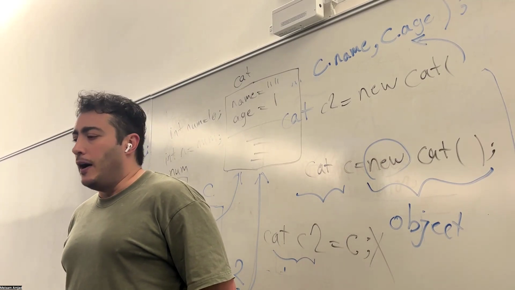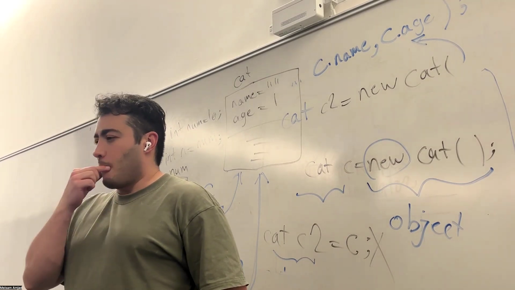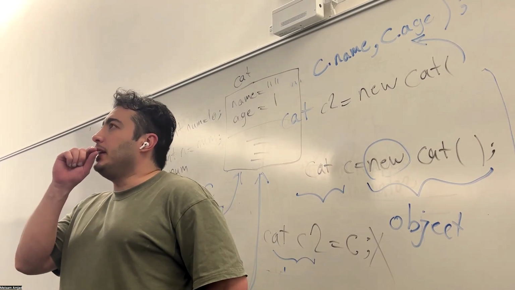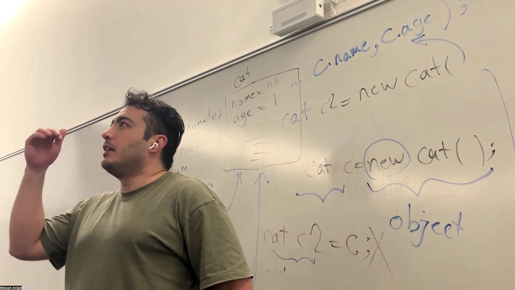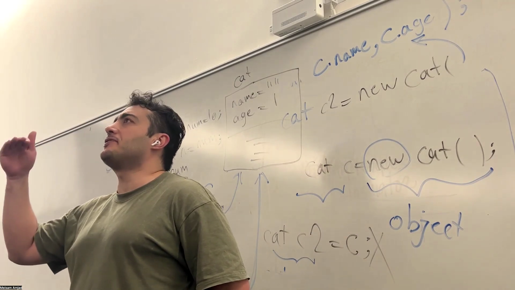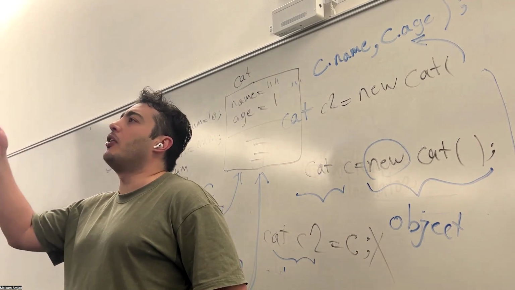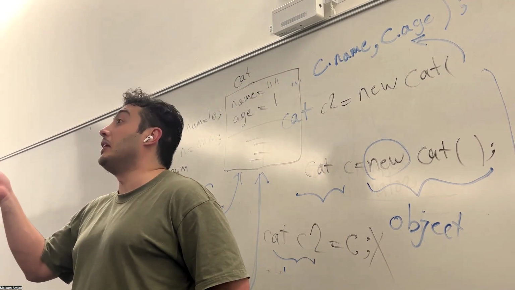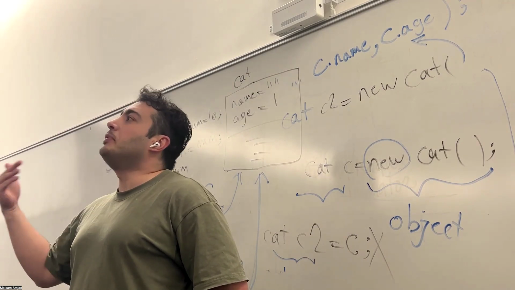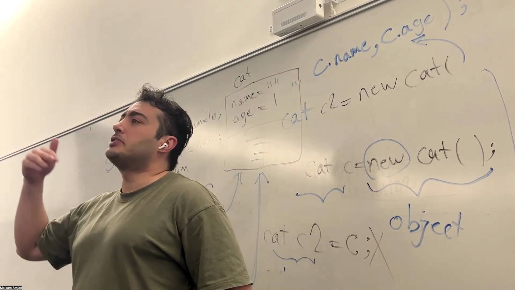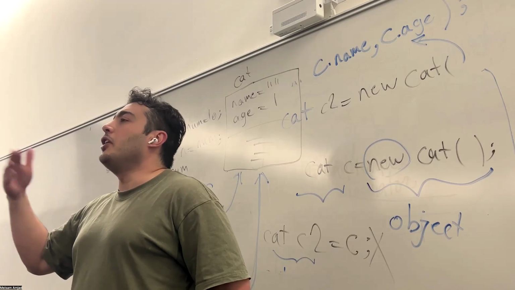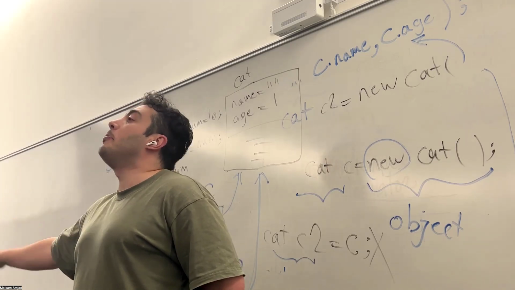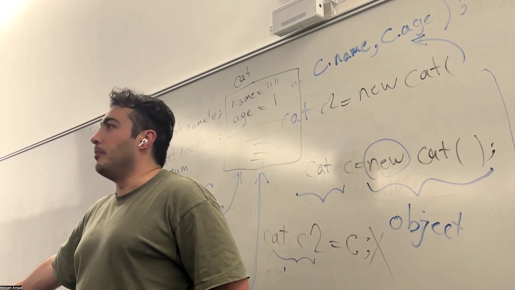Great question. So basically, instance variables are the part of your class that are holding very important data about your class. What we usually do, we define instance variables 99% of the time as private. So other people cannot have access to them.